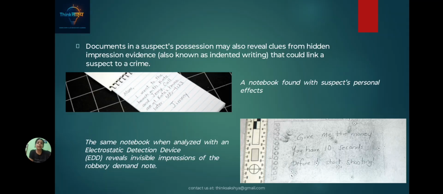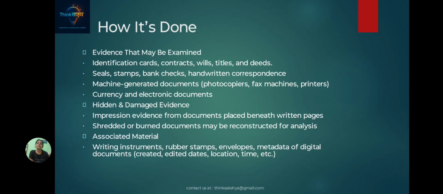Then come the hidden and damaged evidence. Now, what is hidden evidence? The indented marks that we have studied, which we revealed using ESDA, are hidden evidence. These are very crucial and we cannot miss them, because if a person is committing a crime, he or she might be intentionally removing the evidence from the crime scene by wiping or tearing the paper off, but there are some marks which are left behind, so we have to look for them.